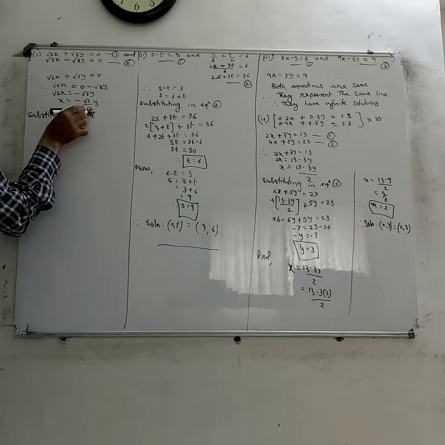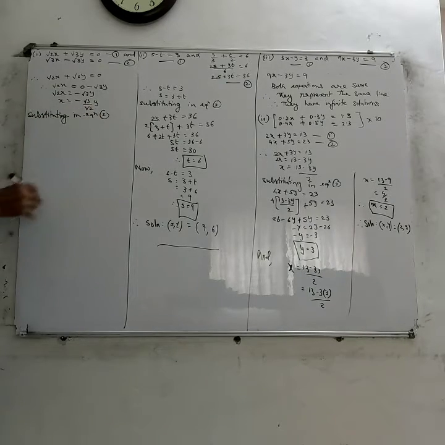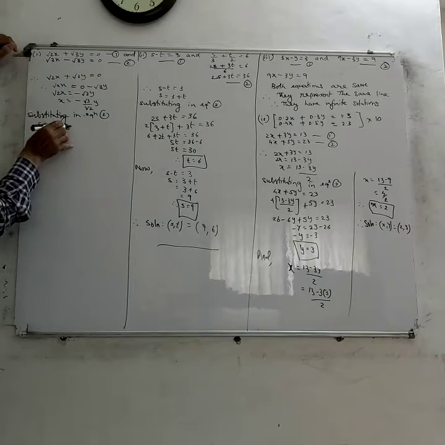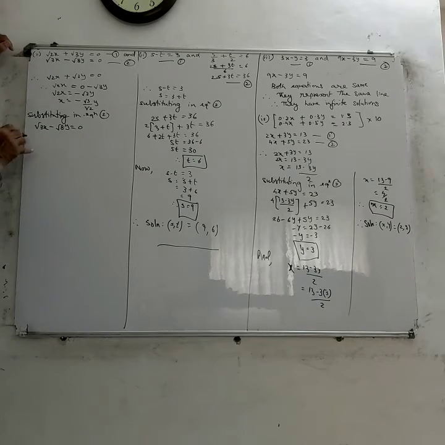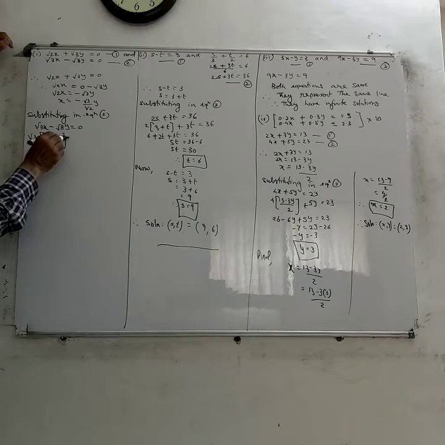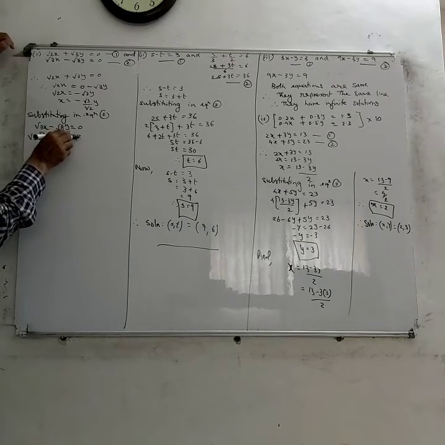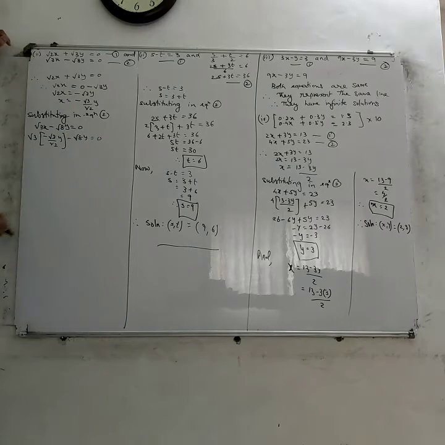substituting in equation 2, root 3x minus root 8y is equal to 0. Root 3 into x, where x is equal to minus root 3 upon root 2 y, minus root 8y is equal to 0.